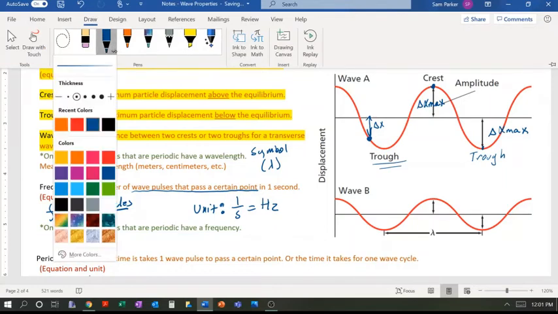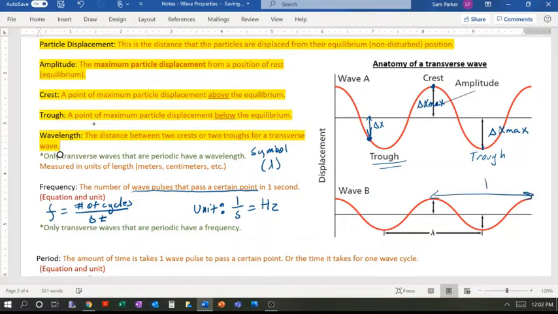You can measure wavelength from peak to peak also. That would be the wavelength. But if I choose a point where it crosses the equilibrium, and then I skip a point and go to the next one, that would be the wavelength. And the distance between two immediate points would be half a wavelength. So that's three different ways to measure the wavelength.